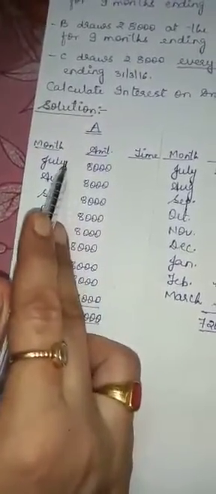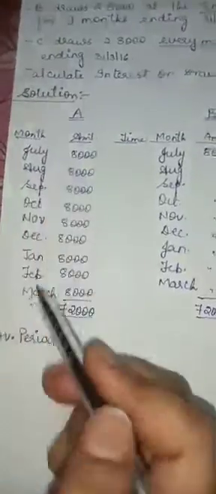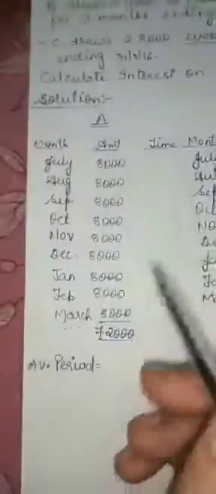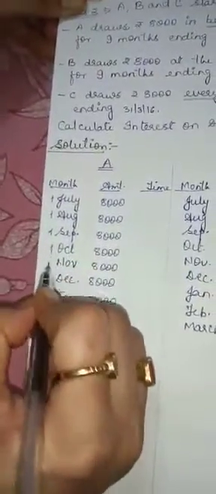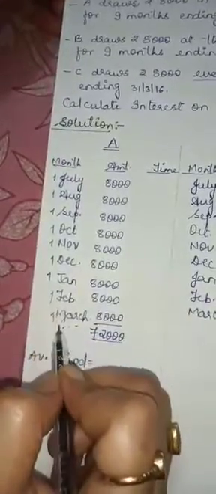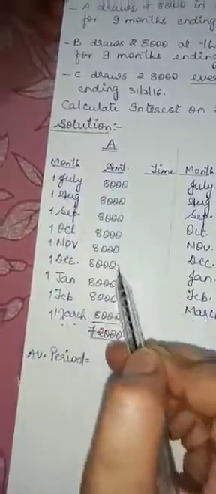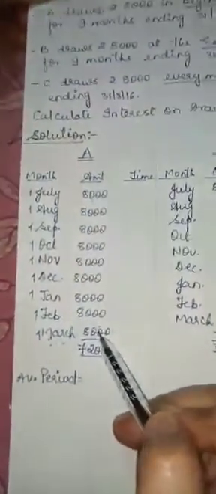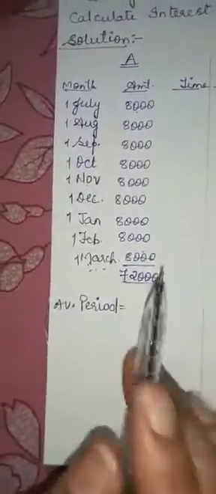It will start in July and end in March. Now at the beginning of every month means on 1st of each month: 1st July, 1st August, 1st September, 1st October, 1st November, 1st December, January, February, March. The amount withdrawn is 8,000 each month. Total in the year he has withdrawn 72,000 rupees.